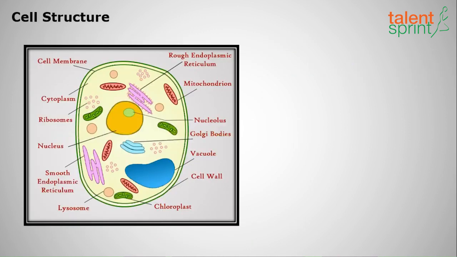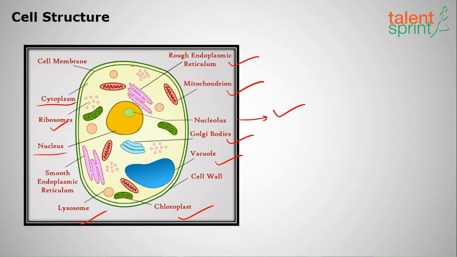Moving on to the cell structure. This is a very basic diagram of a cell. The very basic unit of a cell is the nucleolus, which is covered by the nucleus. The nucleus is surrounded by a material called cytoplasm. In this cytoplasm, the endoplasmic reticulum, mitochondria, Golgi bodies, vacuoles, chloroplasts, lysosomes and ribosomes all survive.